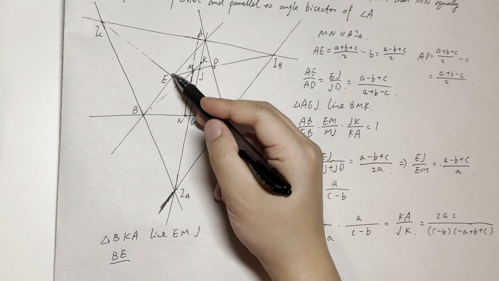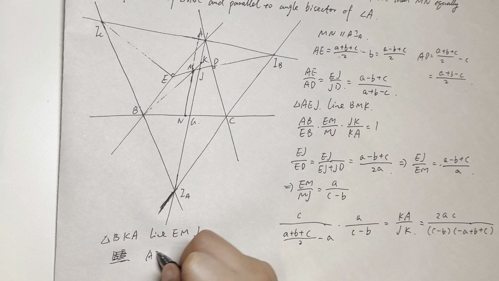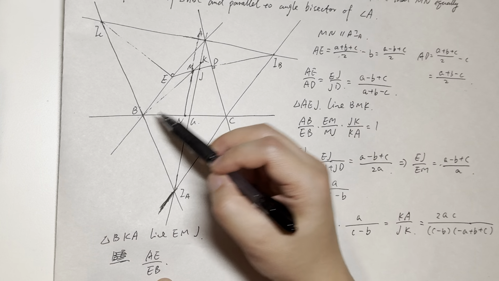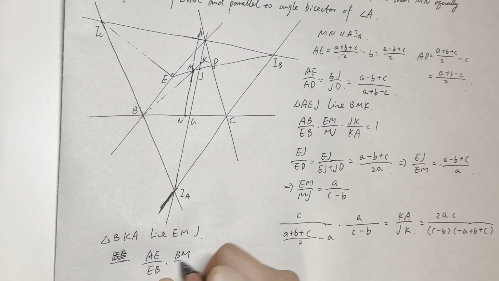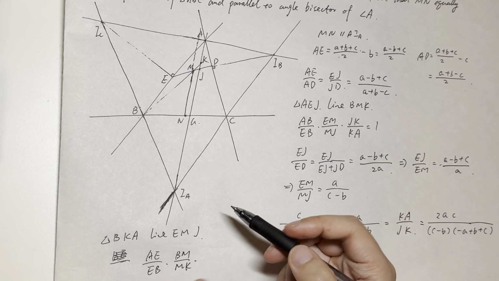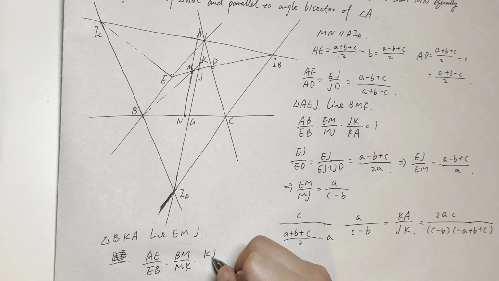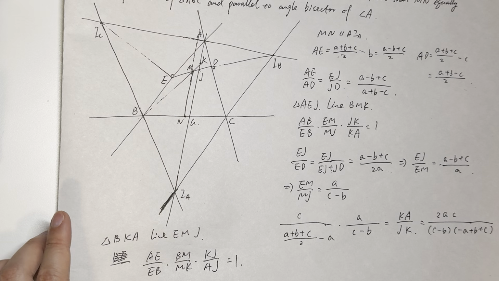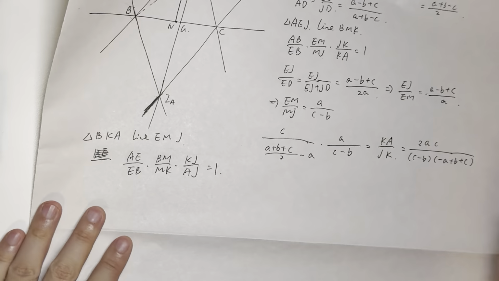That's the other way around: AE to EB times BM to MK times KJ to AJ equals 1, right? Okay, if you understand this one, let's just calculate the rest.